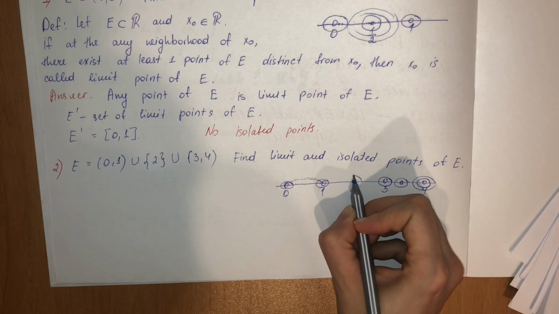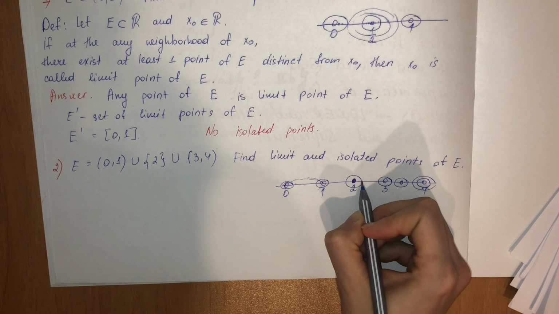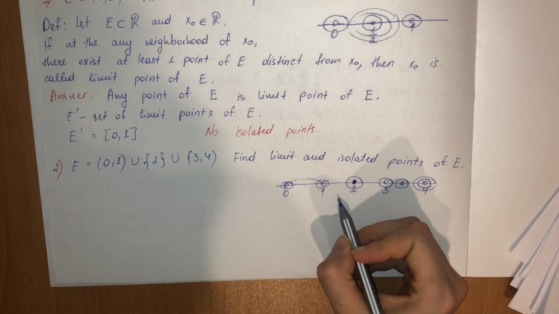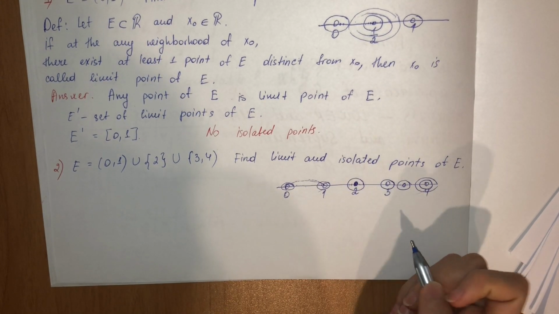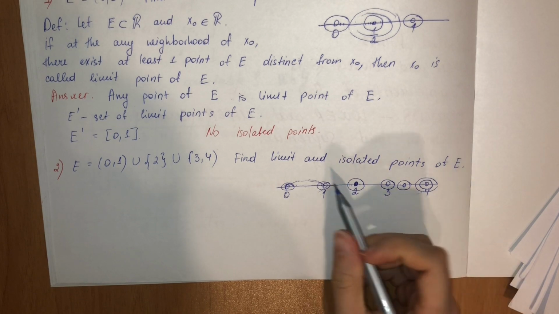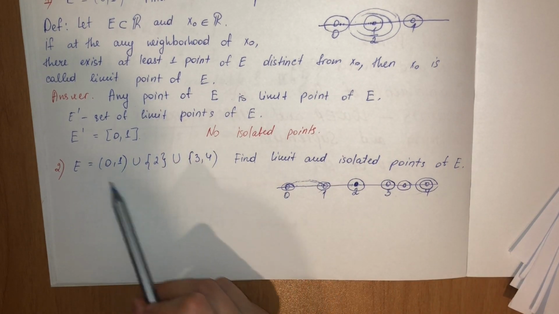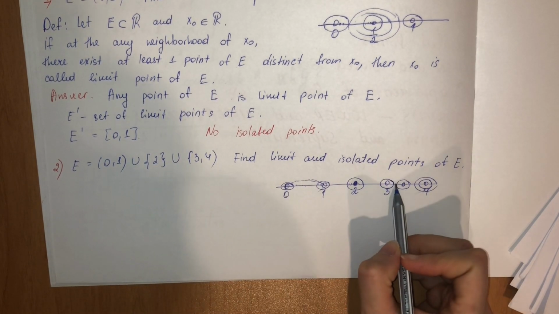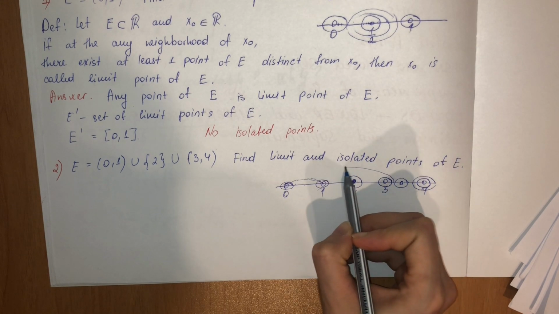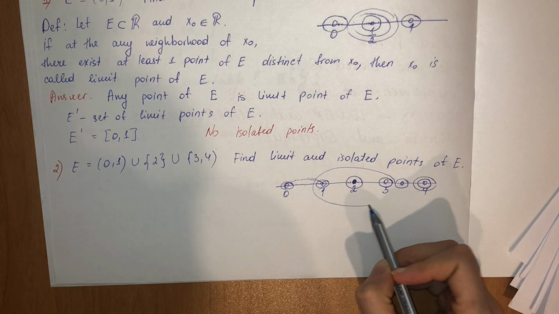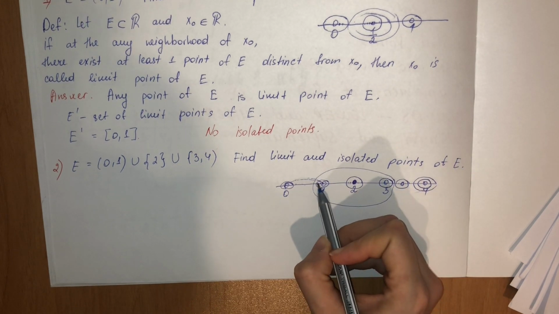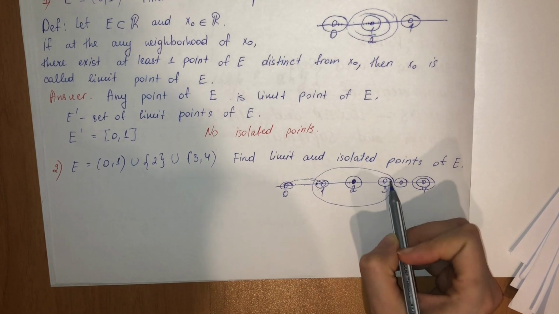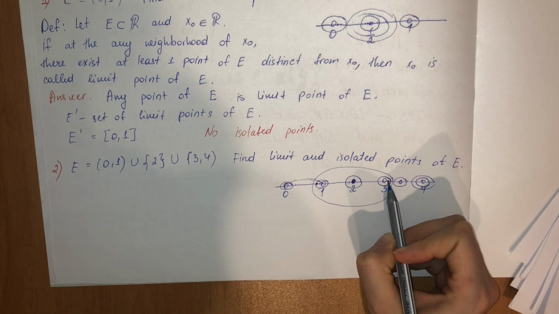If we make a circle around 2, you see that here we cannot find any points that belong to this set. Yes, but if we draw the circle large, we can find points here, somehow here, for example.